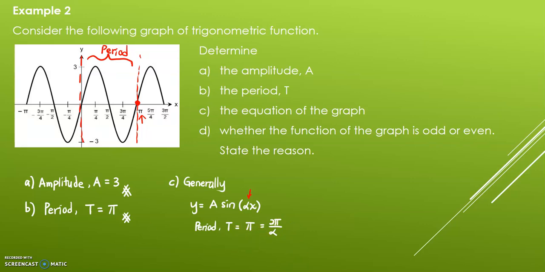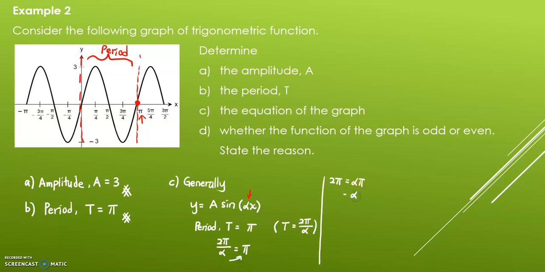If you still remember, T is equal to 2 pi over alpha. So 2 pi over alpha is equal to pi. So 2 pi is equal to alpha pi. I just multiply alpha to the right hand side.